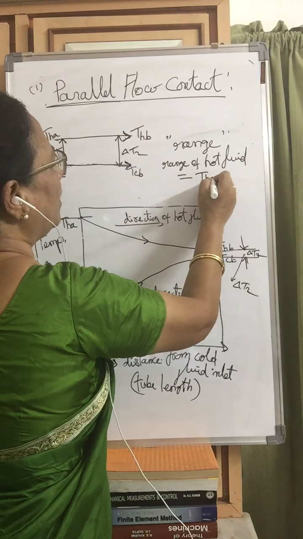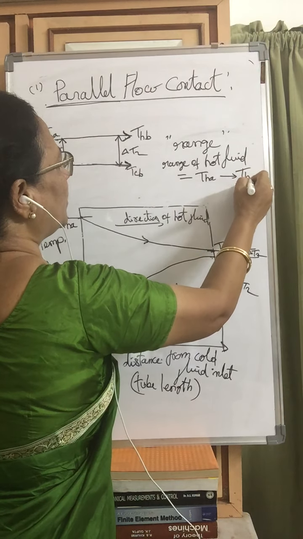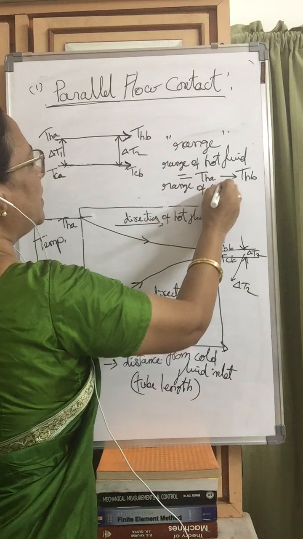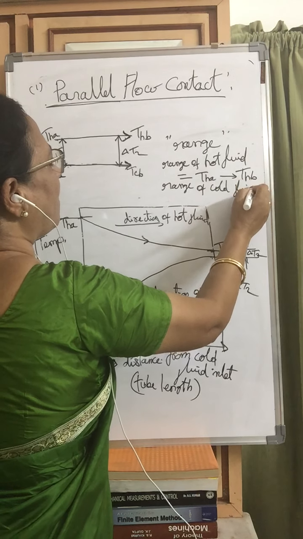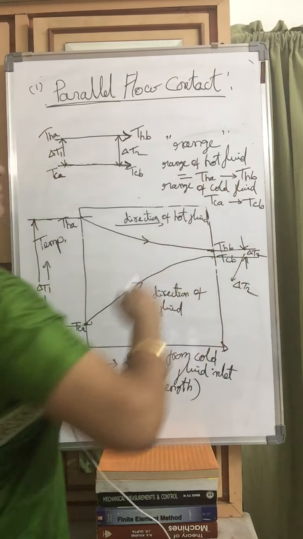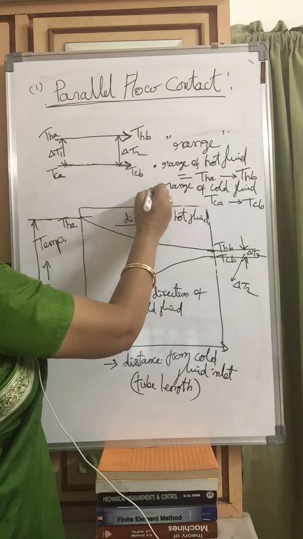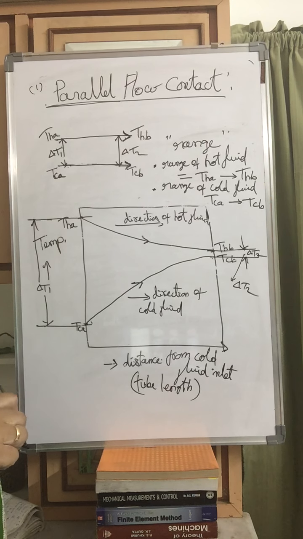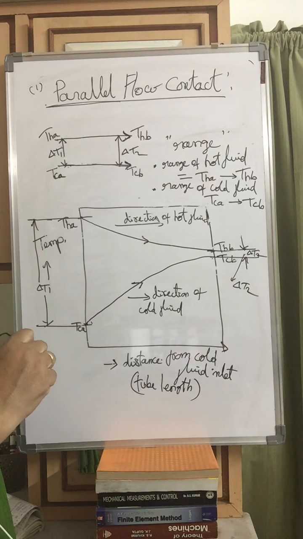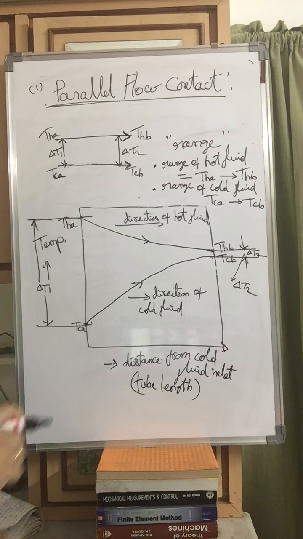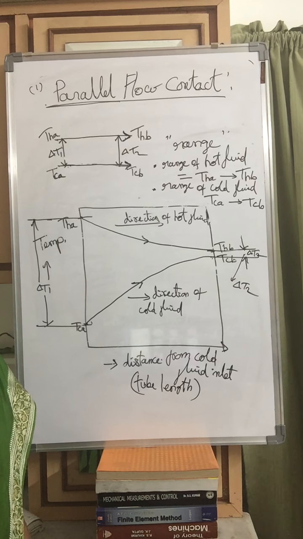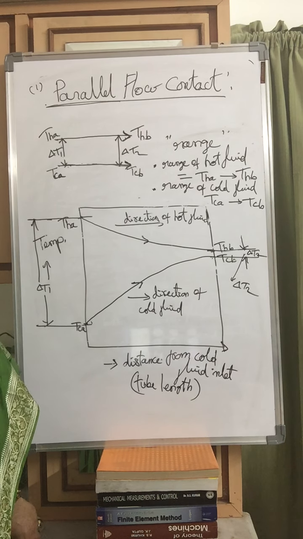THA to THB, and the range of cold fluid is TCA to TCB. So you will have two ranges. This is parallel flow contact. And LMTD, after discussing counter flow, we will write at a time.